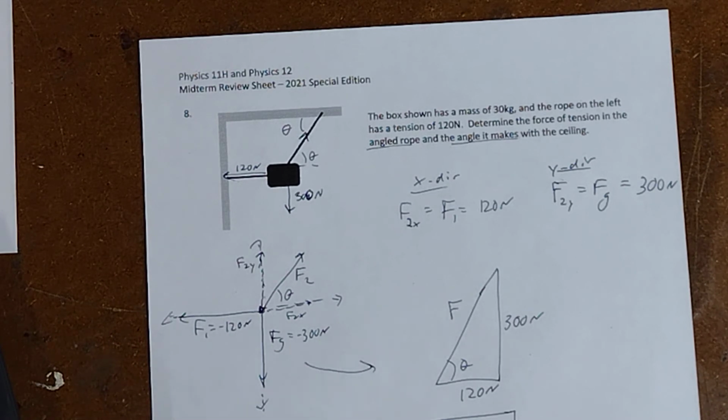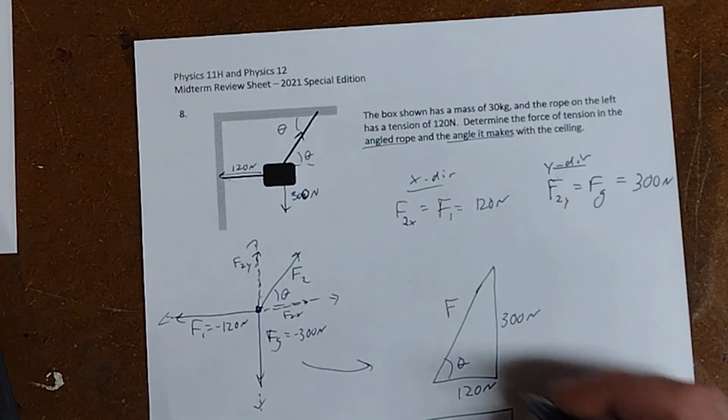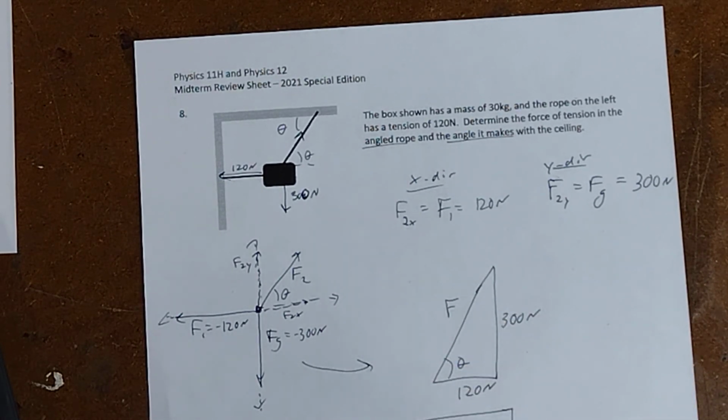And this is F equals 323 newtons. Theta is going to be the tan inverse of opposite over adjacent, 300 over 120.